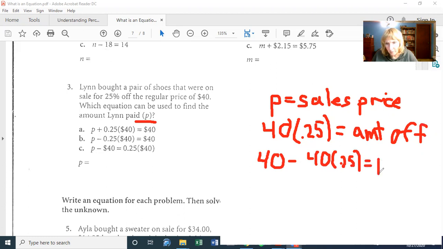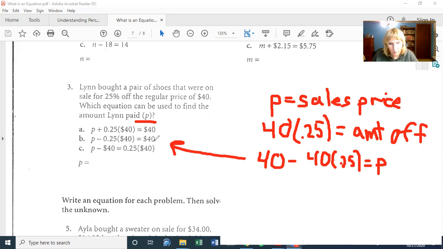That would equal P. So when I look at my answer choices, I don't really have one that looks exactly like that. So I have to think through this a little bit. P, the amount that's being paid, I'm not subtracting the amount off from the amount that she paid, right?